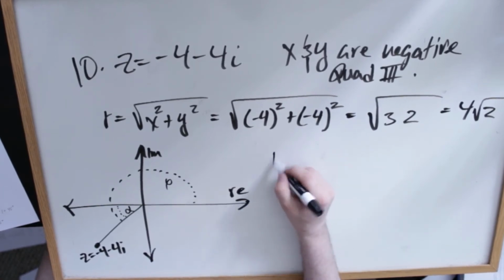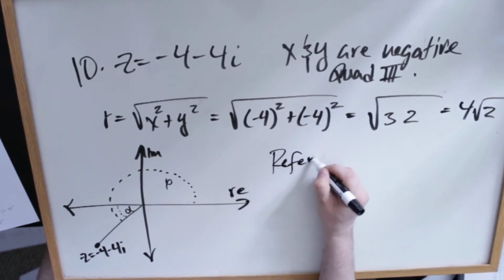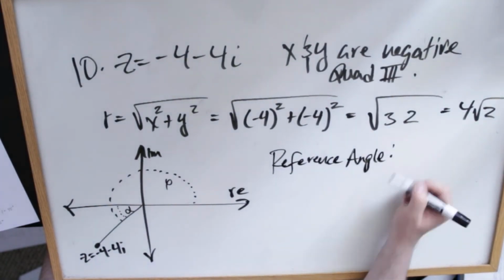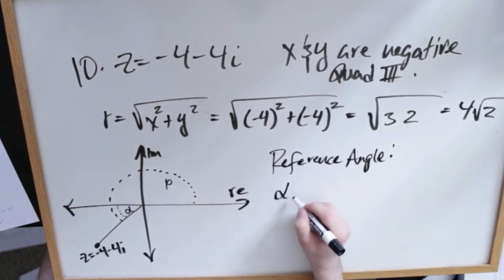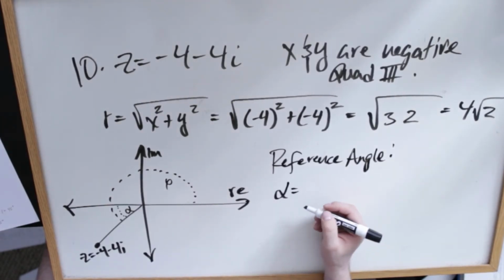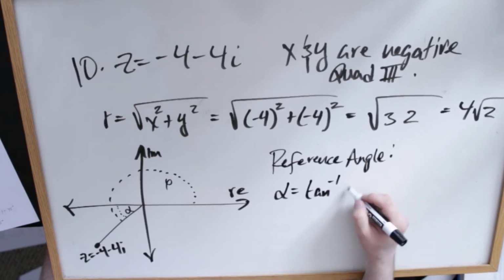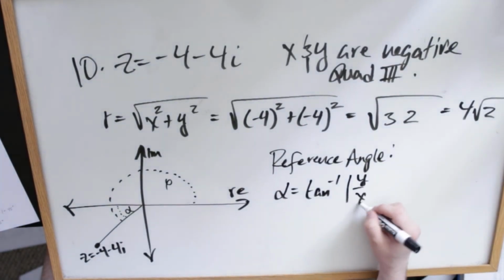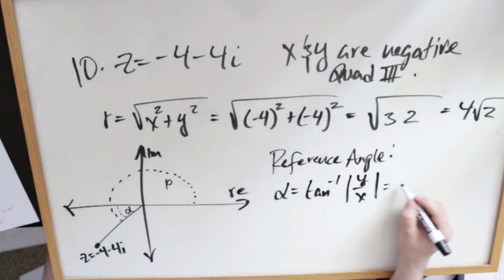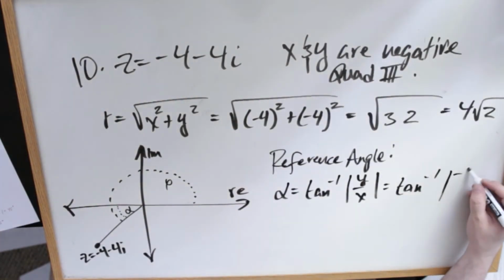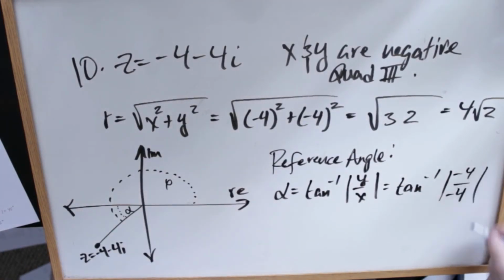So alpha is equal to the inverse tangent of y over x, which is equal to the inverse tangent of minus 4 over minus 4.